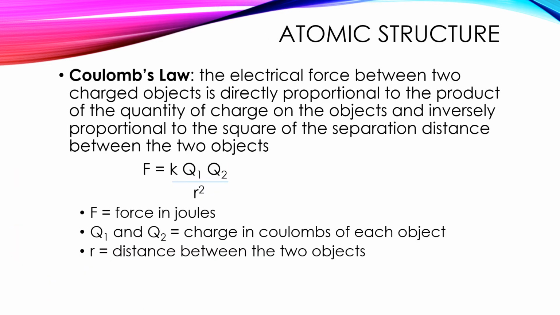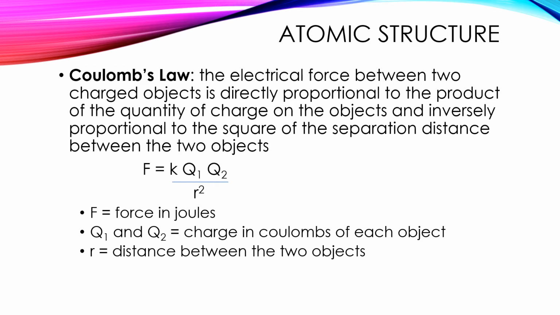Okay, so Coulomb's law plays into all the atomic structure things we've talked about prior, but it's really important in the next 2 concepts when we talk about photoelectron spectroscopy and periodicity or periodic trends.